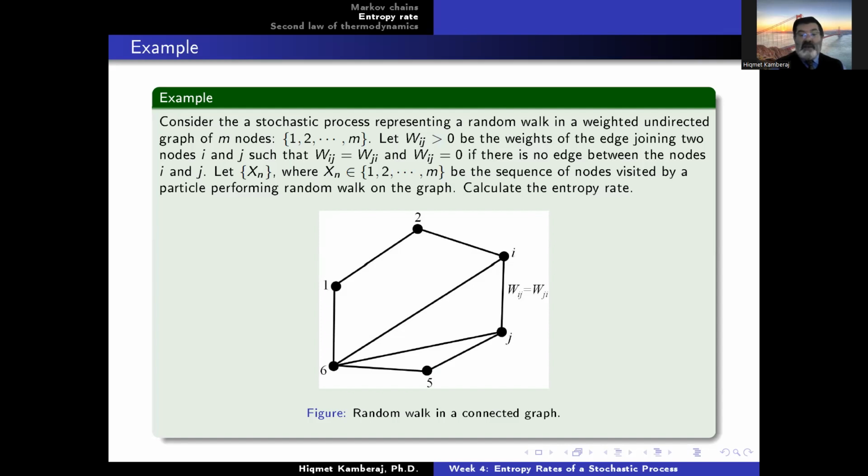We denote with Xn a stochastic process where Xn takes the values 1, 2, and so on up to m. This is the sequence of nodes visited by a particle, a random walker, performing a random walk on the graph. I want to calculate the entropy rate of this process. This graph is just for illustration.